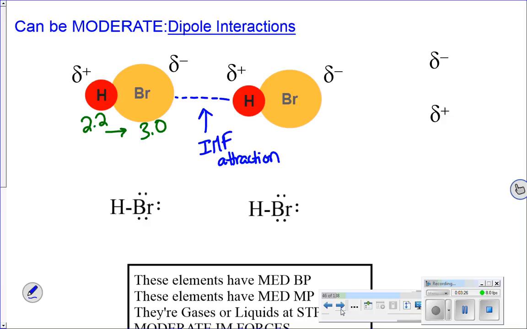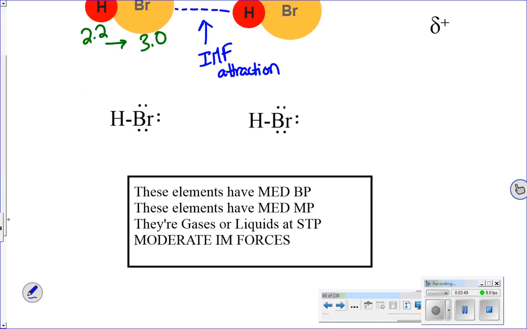Again, you don't need to know the term dipole interaction, but you should know that moderately polar molecules are going to have interactions that occur because we have charged regions in our molecules. So these are polar molecules because they're asymmetrical. They have what we call a dipole. They have charged regions, and those charges are able to attract one another.